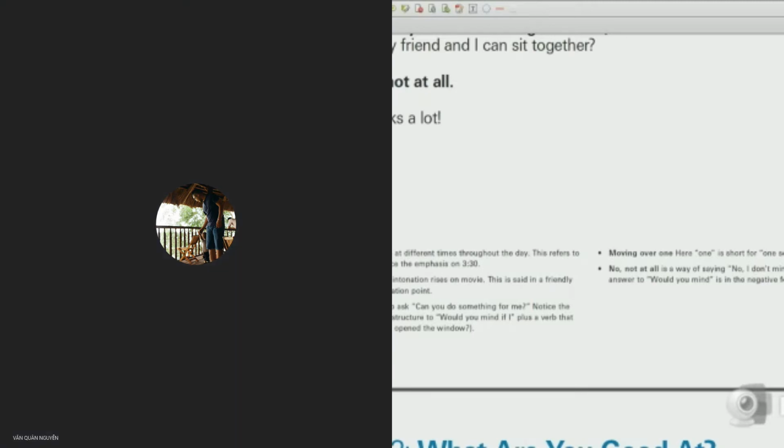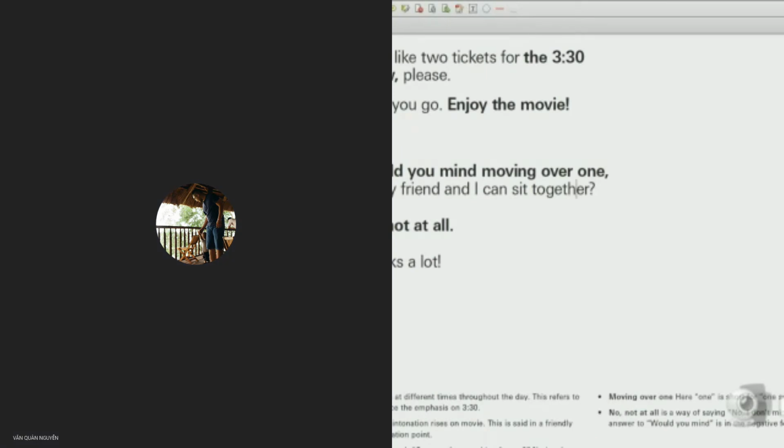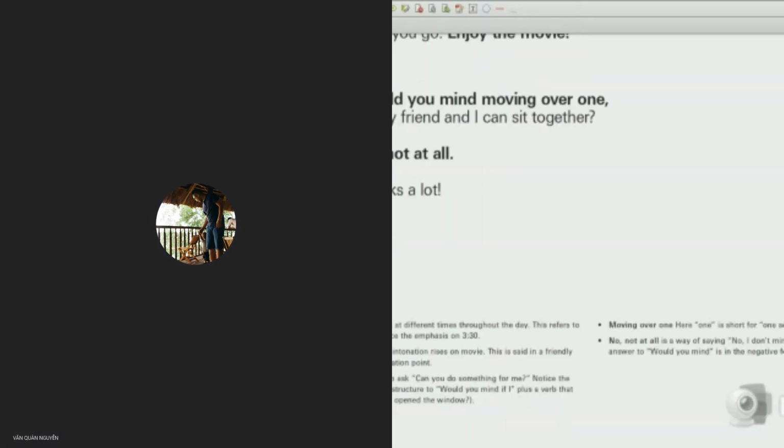Here the salesperson selling the ticket is telling Bob to enjoy the movie, saying this in the friendliest way. So, enjoy the movie.